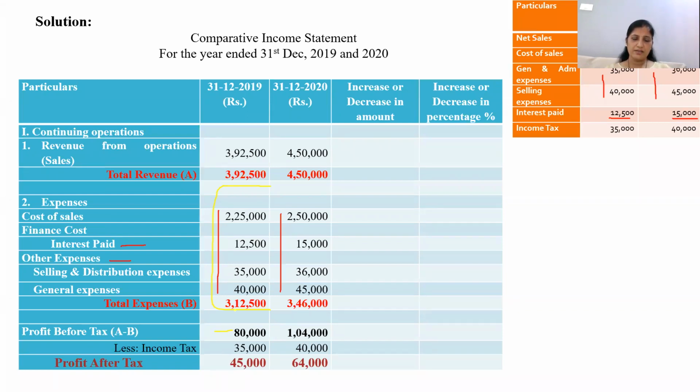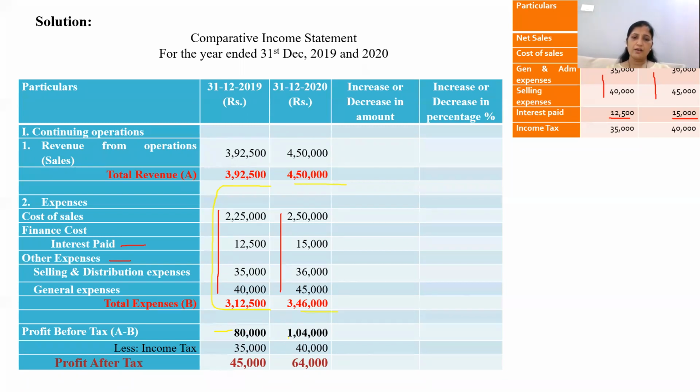Similarly here, A minus B: 4,50,000 minus 3,46,000. So you will get 1,04,000. This is PBT, profit before tax, of 2019 is 80,000.